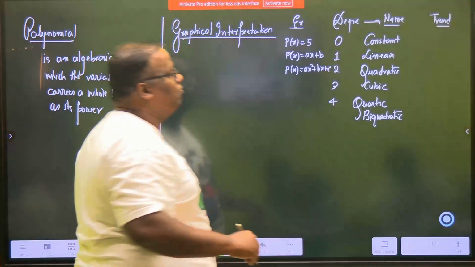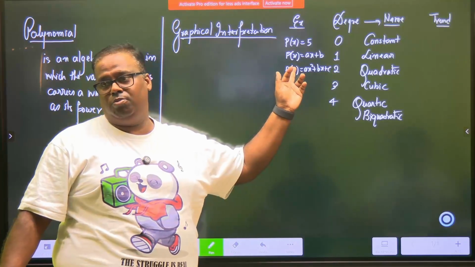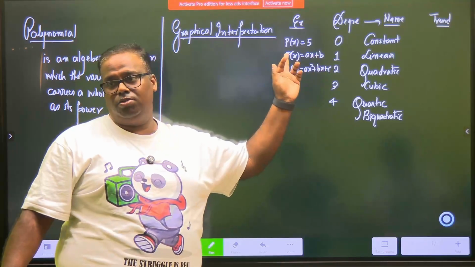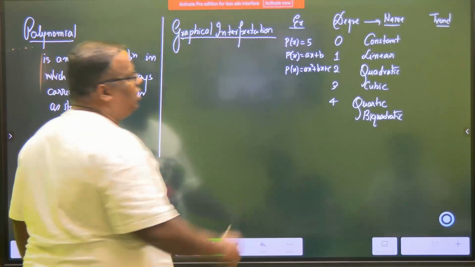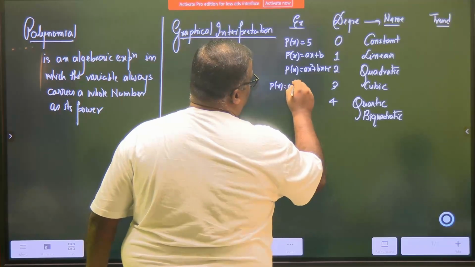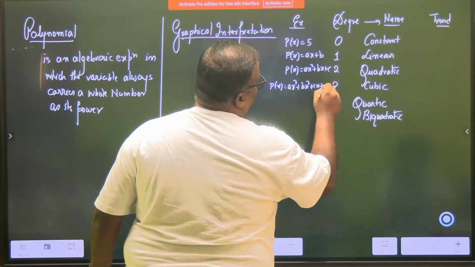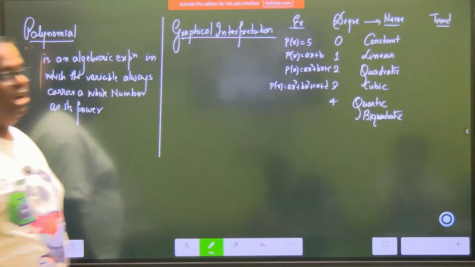Children, keep this format by heart. This is the standard format of a quadratic polynomial. This is the standard format of a linear polynomial. Then we come to the third one. Here p of x will be ax cube plus bx square plus cx plus d. That's all, up to cubic.